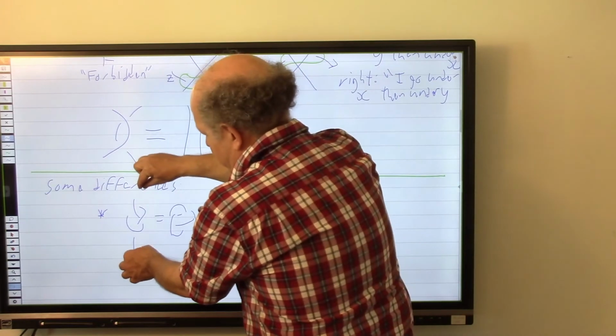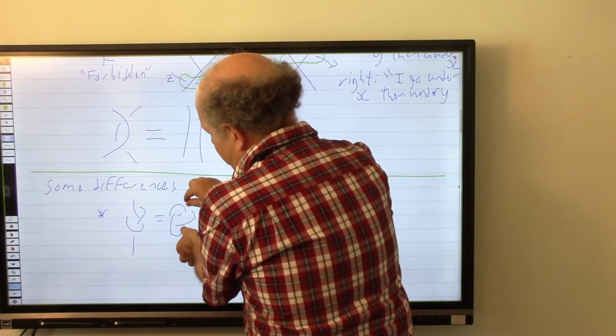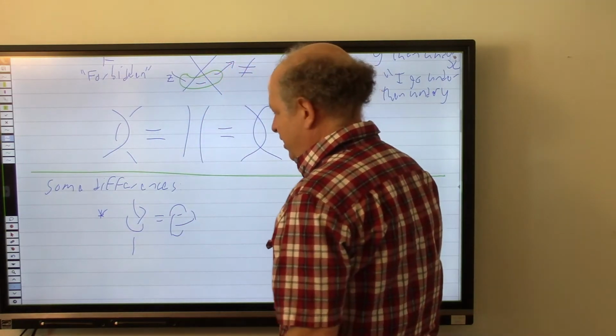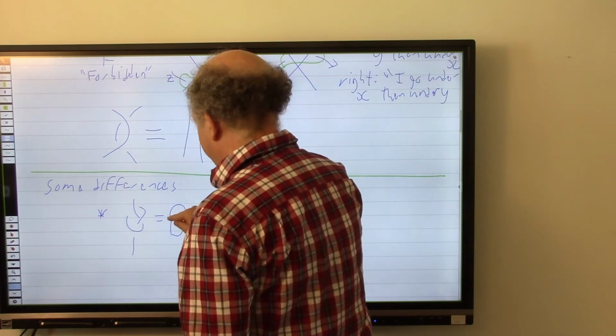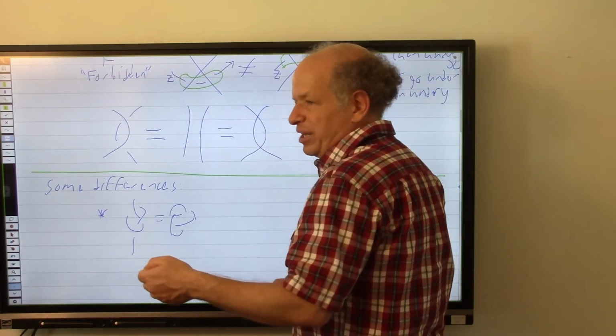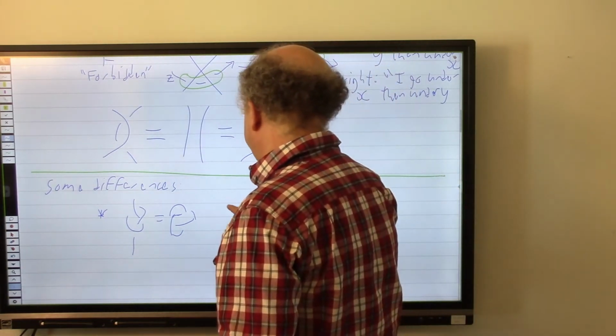Because you can close a long knot, and on the other hand you can open a circle, and it doesn't matter where you open it. This is not so for virtual knots.